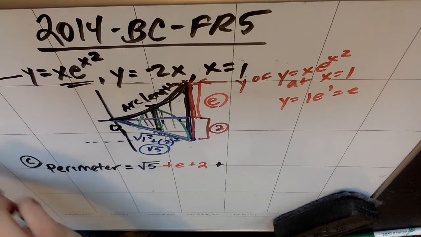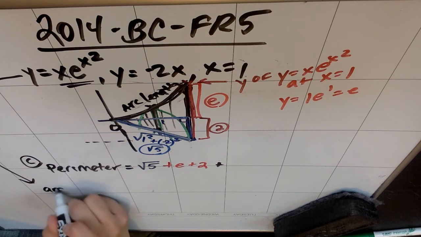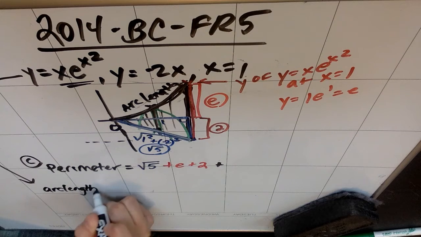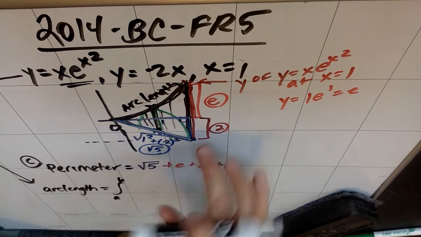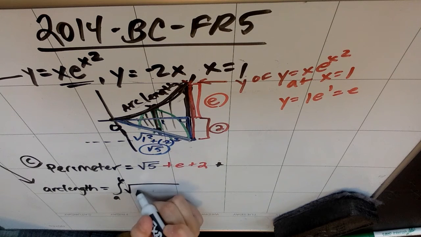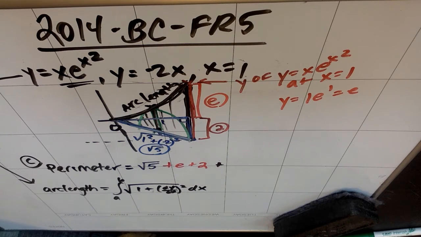So a quick review of how arc length works. Arc length is the integral from, let's say, a to b, which in this case will be 0 to 1, of the square root of 1 plus dy/dx quantity squared, with respect to x.